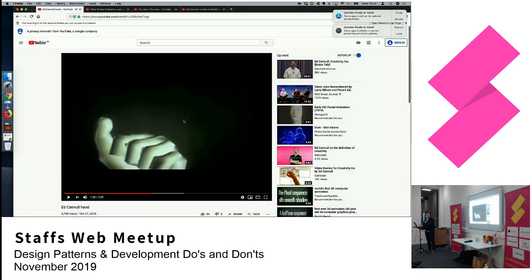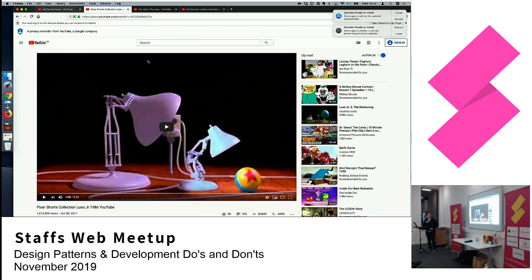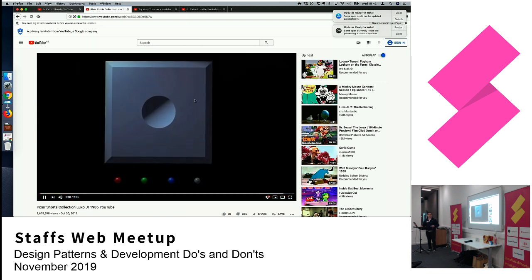So not bad graphics considering it was 1972. And if you, hang on, let me go to the next one. So this is from 10 years later. This is something that we've probably all seen if you've seen a Pixar film. This is Luxo. Sorry. There we go.